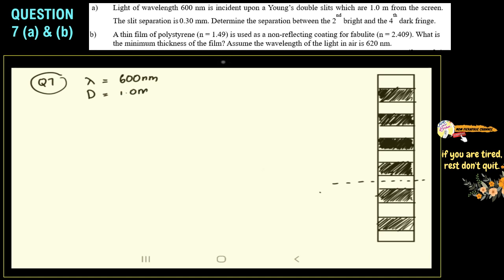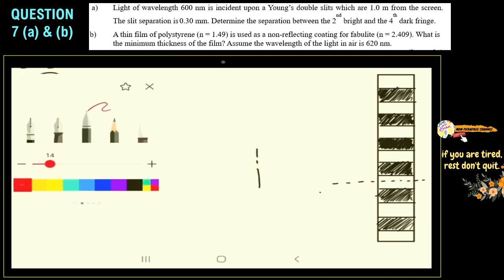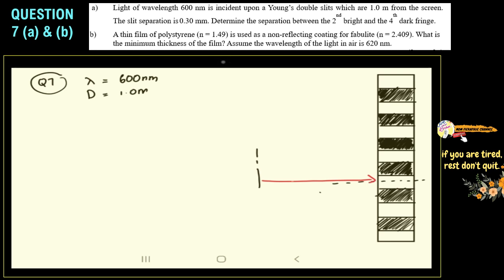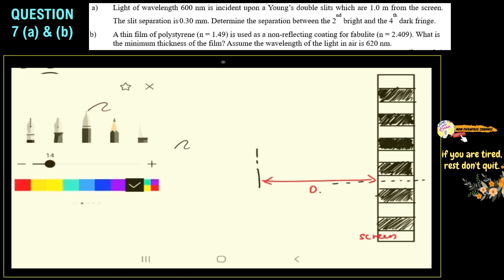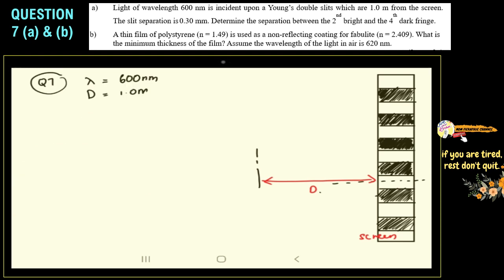The distance between the double slit and the screen is D, and the pattern we see is our screen. The slit separation is given as 0.3 millimeter, so small d is 0.3 millimeter. Determine the separation between the second bright and the fourth dark fringe.